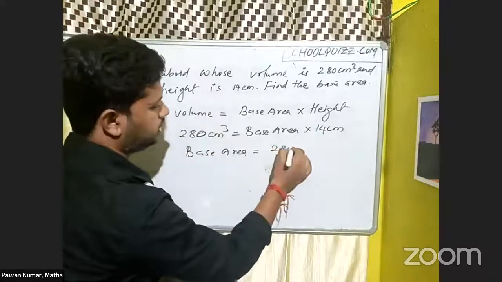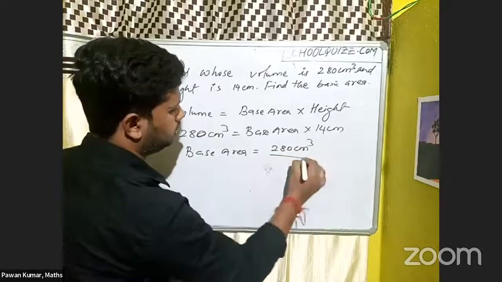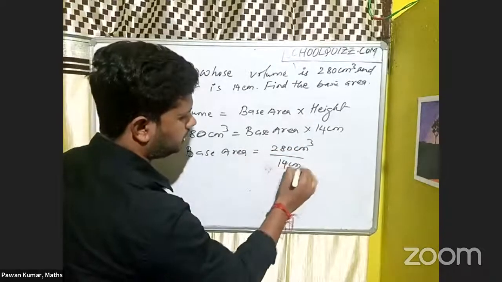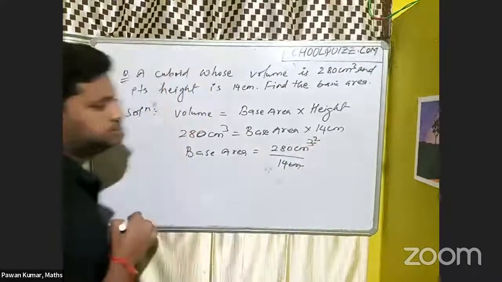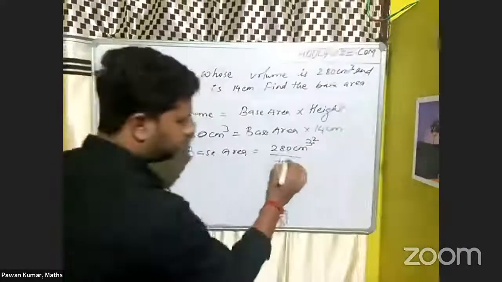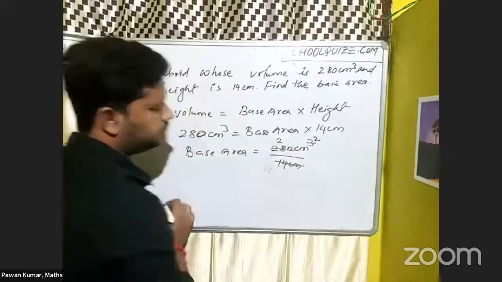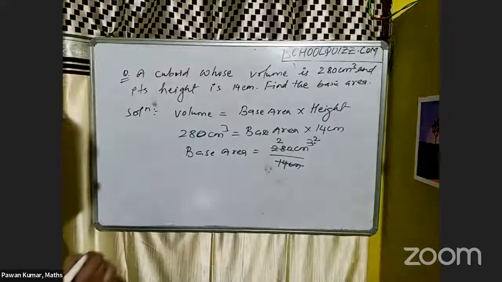So 280 centimeter cube divided by 14 centimeter. 1 centimeter will be cancelled, and 14 twos are 28, so this is 20.